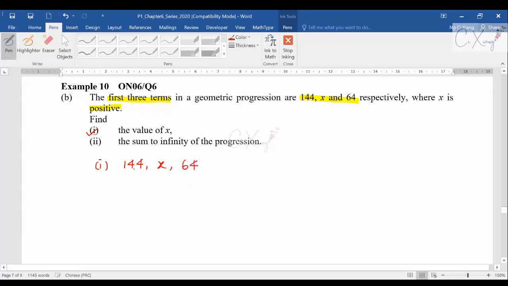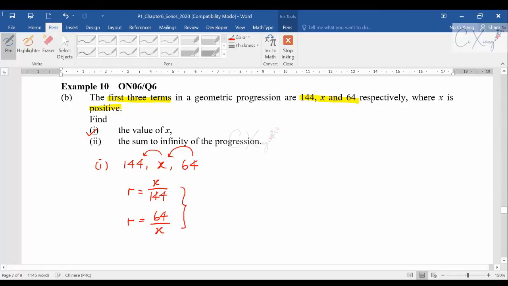So they say the first 3 terms are 144, x, and 64. Now, how can I find the x? You can try to use the r. How can you get the r? R is the second term divided by the first term, so you're having x divided by 144. At the same time, you can also get the R by using the third term divided by the second term, so it is also equal to 64 divided by x.